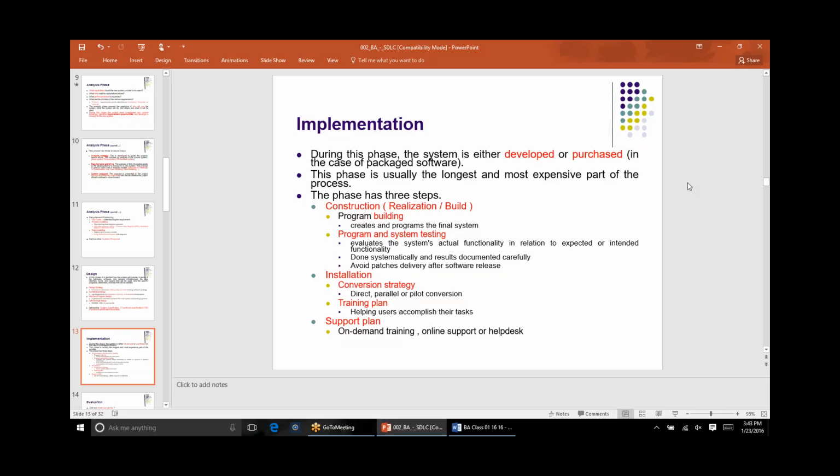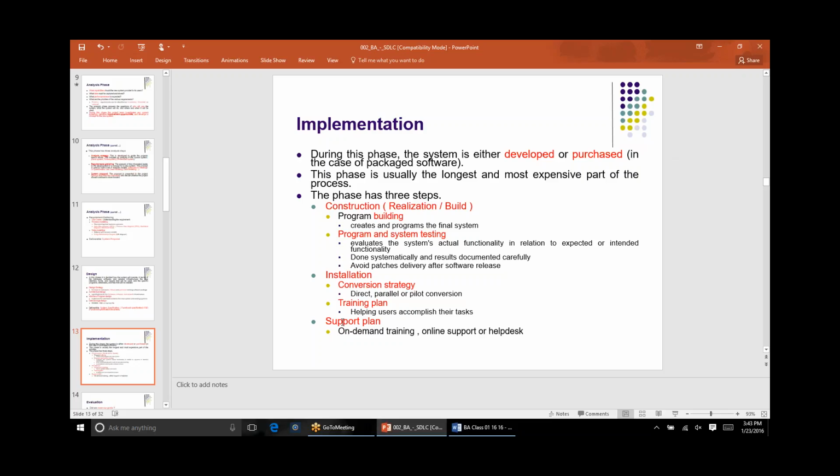This implementation phase has 3 steps. This implementation consists of 3 phases: construction, installation, and support plan.